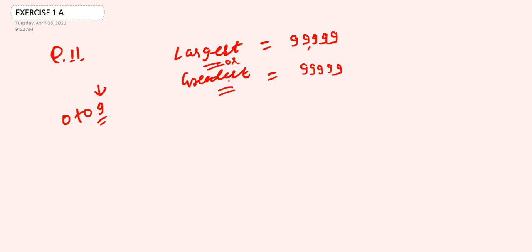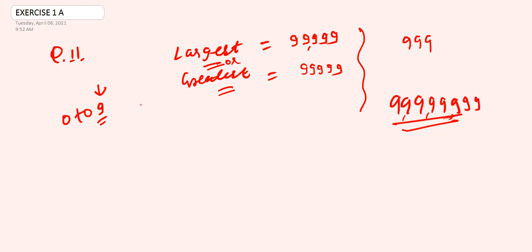Largest and greatest both are same. So whenever you are having a question like largest number of 3 digits, so 999. Largest number of 8 digits, so 99,999,999. So this is your required answer. So whenever you are having largest or greatest, write like that.